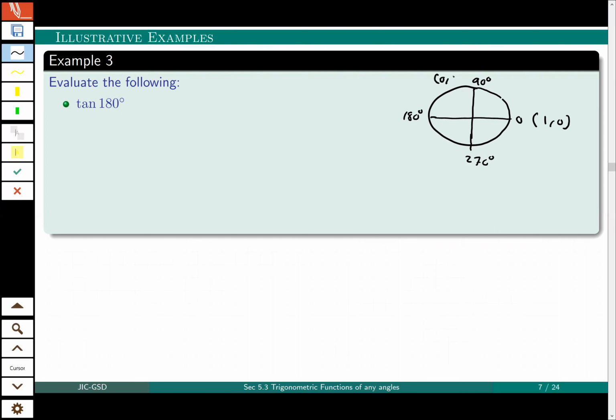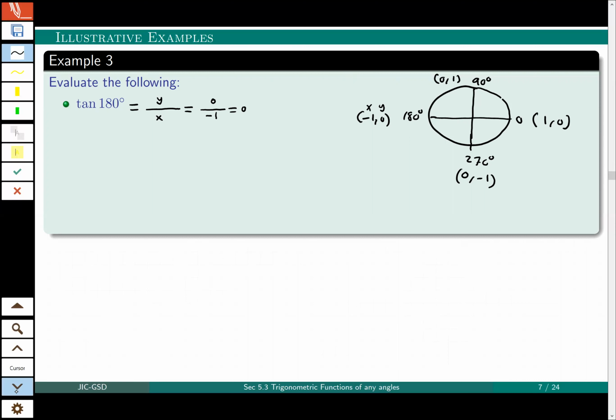That is 0 and 1, minus 1, 0, 0 and minus 1. So if you speak about tan 180, that is actually y over x, and at 180, this is x, that's y. So it will be y is 0 over x is minus 1, so it will be 0.